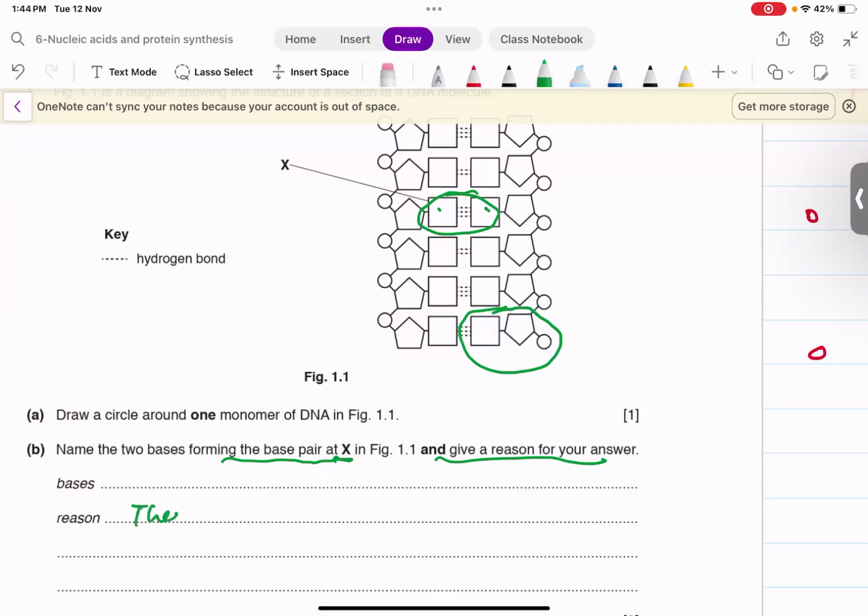Yes, there is a triple hydrogen bond. So it is a GC pair. Or you can write guanine and cytosine.